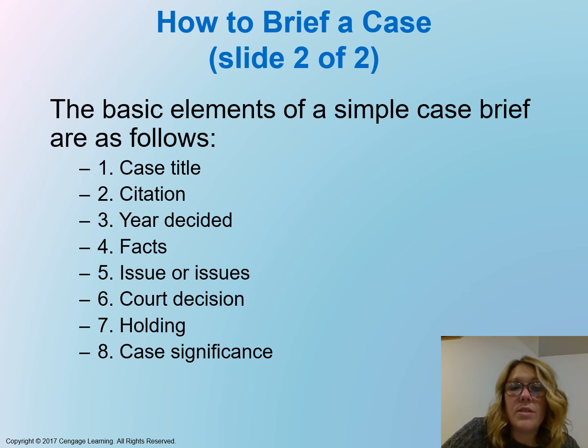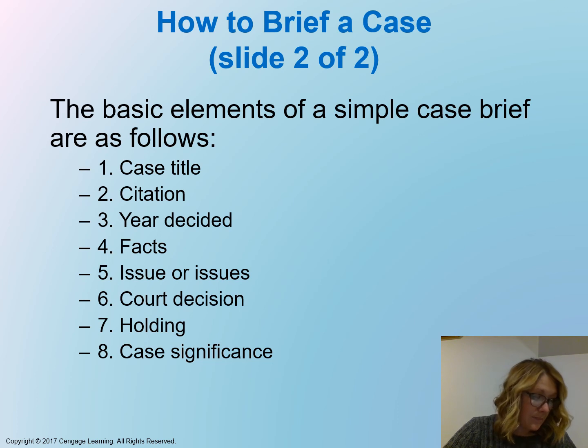So you're going to look at the case title, whatever it is. Your book gives examples such as Mapp versus Ohio. So if the case that you're reading is Mapp versus Ohio, that's your title. You're going to put that in there. Your citation is going to be those numbers that are located behind that.